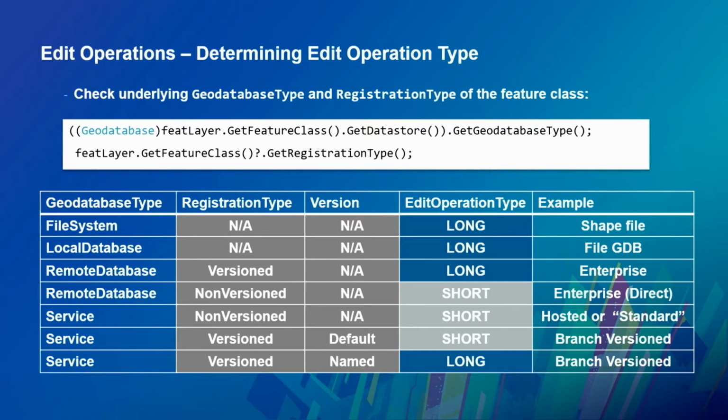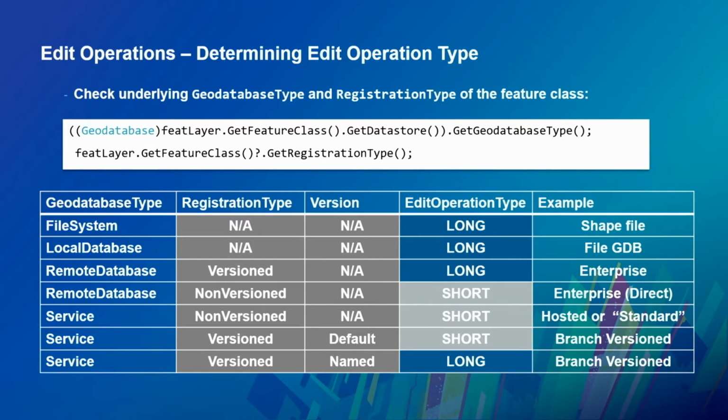For a local geodatabase, a file geodatabase that I have on my disk, no versioning, it results in a long. So now, the distinction comes in for the enterprise geodatabase. If it is versioned, it is creating an edit session for me, and I can undo that one. If it's non-versioned, it is a direct commit into the database. So it is short, and I can't undo that one. That's just happening as soon as I'm executing my operation.